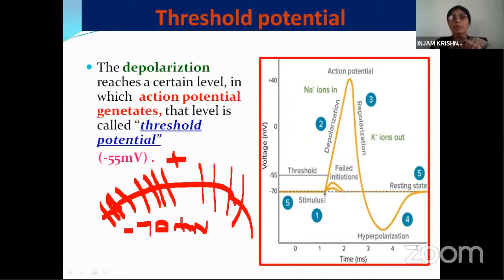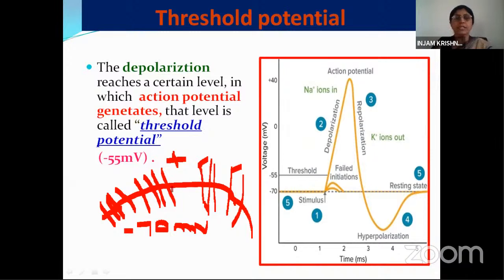When you give the stimulus, what will happen? Sodium voltage gated channels open. They have 2 gates, do you remember? One is activation, the other is inactivation. Whereas potassium has only 1 gate, activation only.